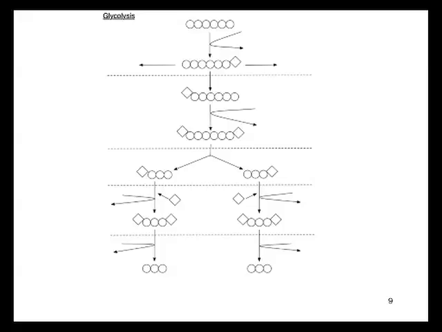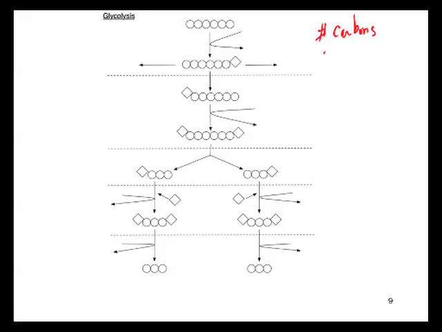Now, there's several things I want you to focus on as we're talking about this. I want you to think about the number of carbons. And I'll explain to you what all these symbols mean shortly. But I want you to pay attention to the number of carbons as we go through this whole process, not just glycolysis, but the whole series of reactions.